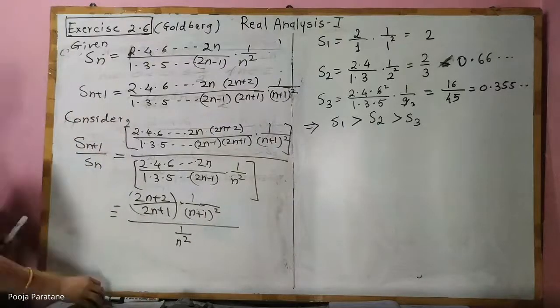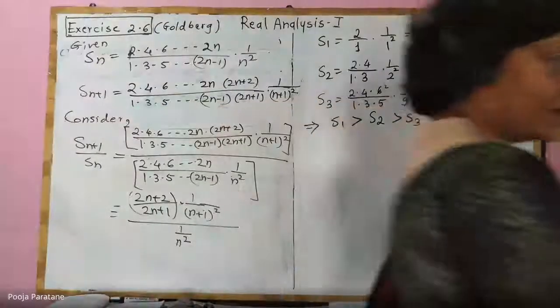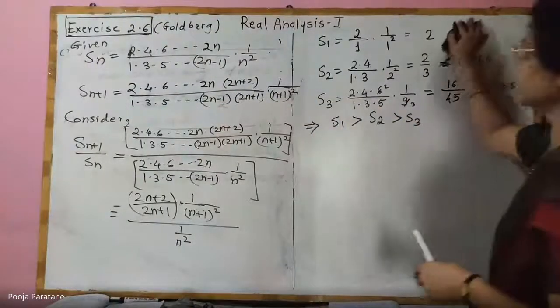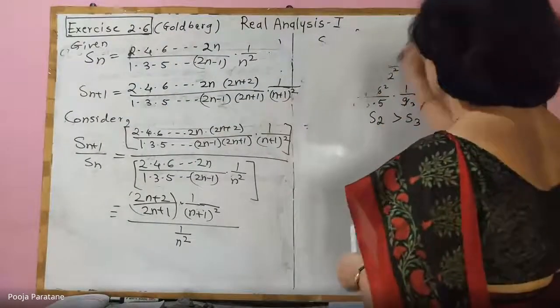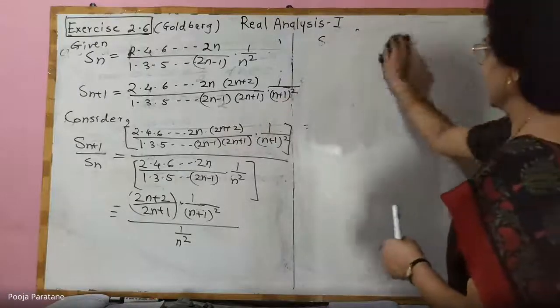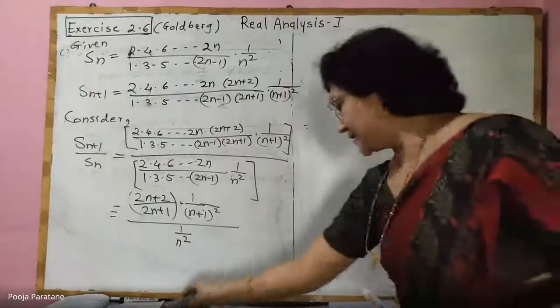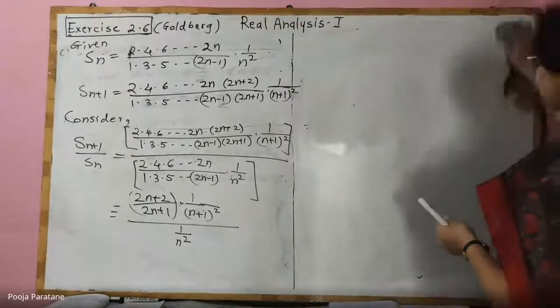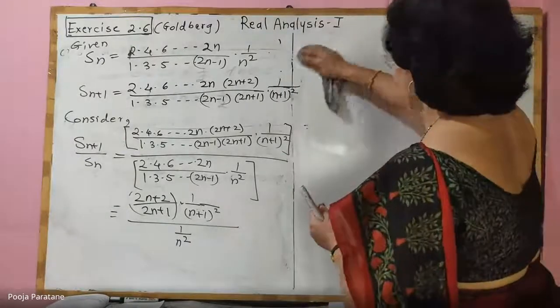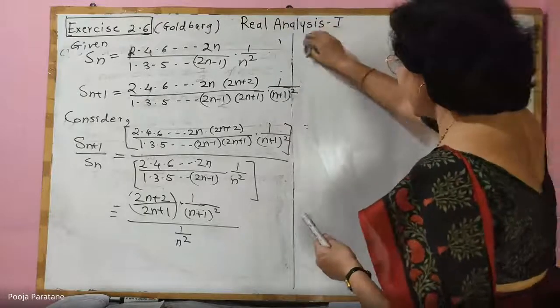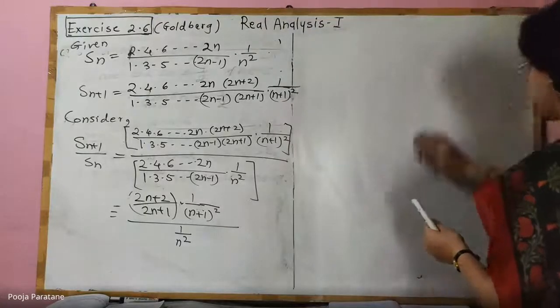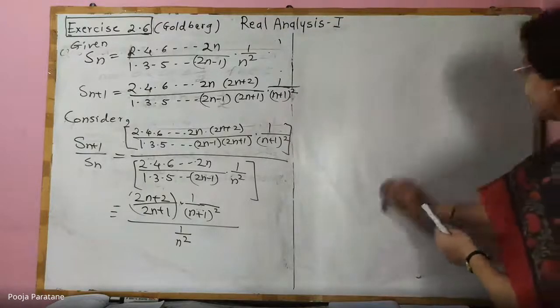So let us evaluate it first. Simplify. We will simplify this. Now here, as the question is to prove that it is non-increasing, we should get it is less than 1, because we have considered the ratio Sn plus 1 upon Sn. So we should get it less than 1.